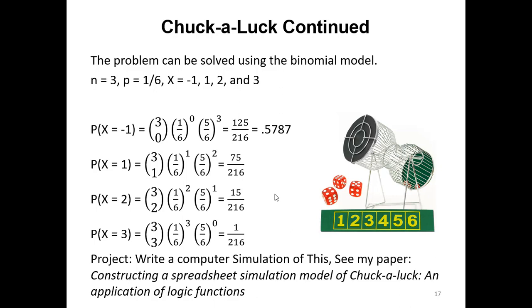I know I had students in the past that were interested in it. And you could see this game analyzed and even some of the key ideas to writing the simulation in this paper of mine called Constructing a Spreadsheet Simulation Model of Chuck-a-Luck, an Application of Logic Functions.